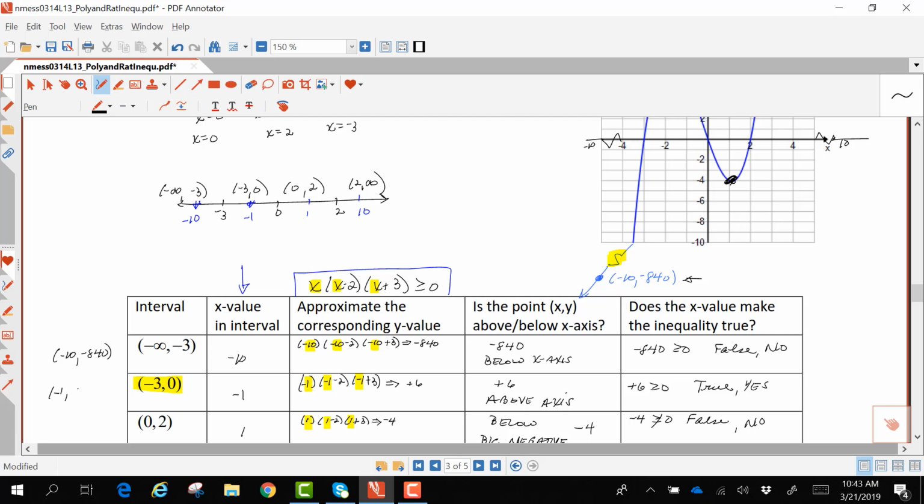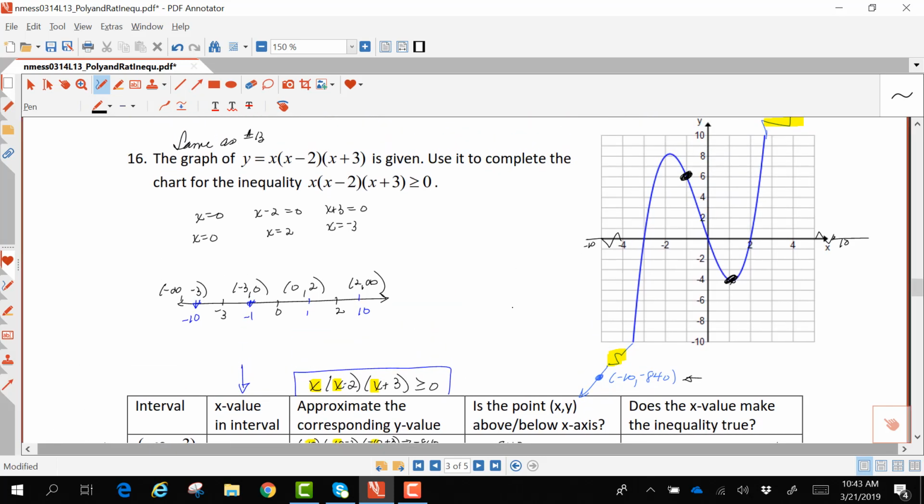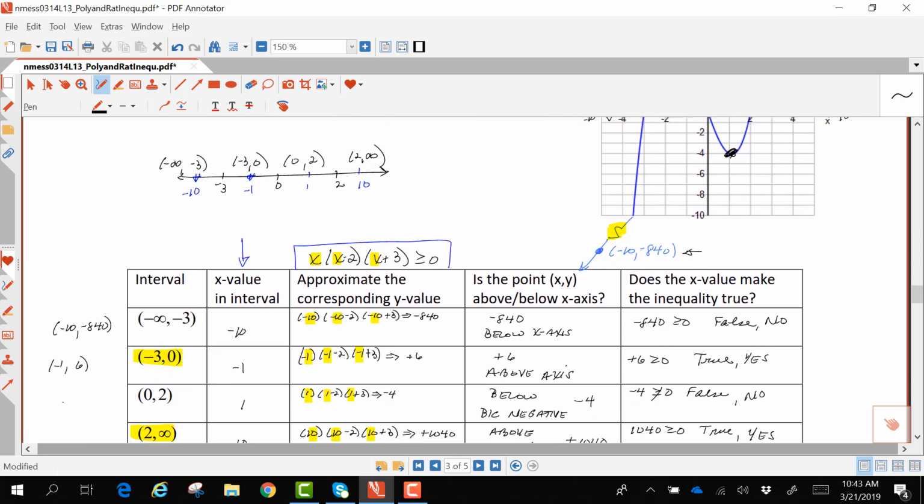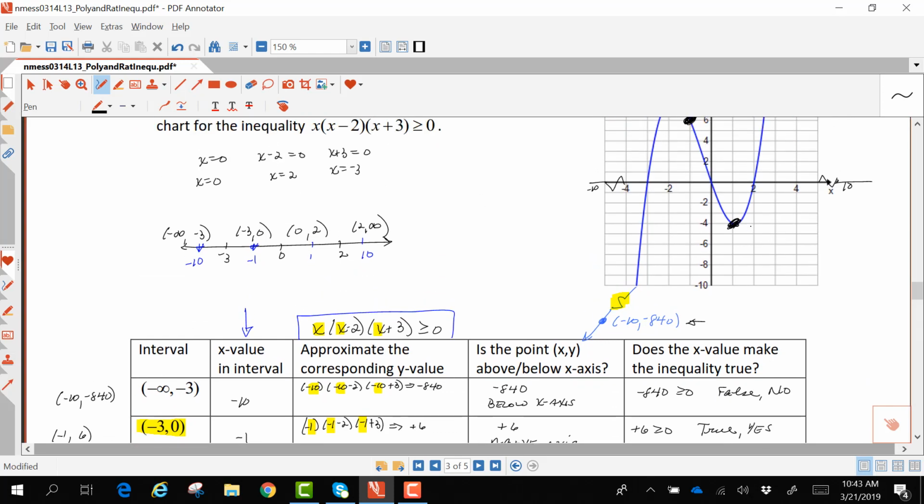The same holds true for each of these columns. The next point is -1, +6, which when plotted on the graph is above the x-axis. The third point would be the point 1, -4, which when plotted on the graph is below the x-axis.